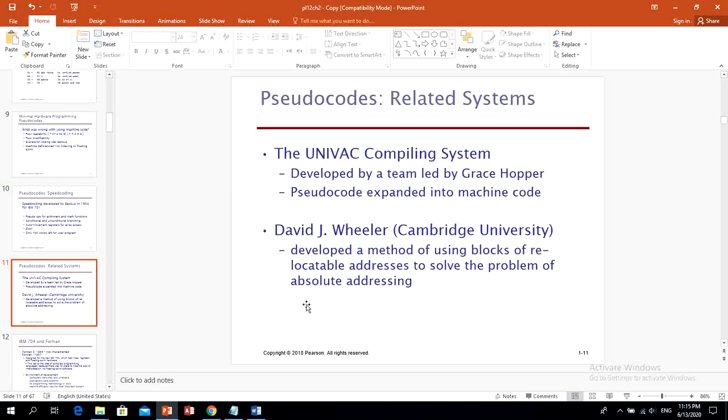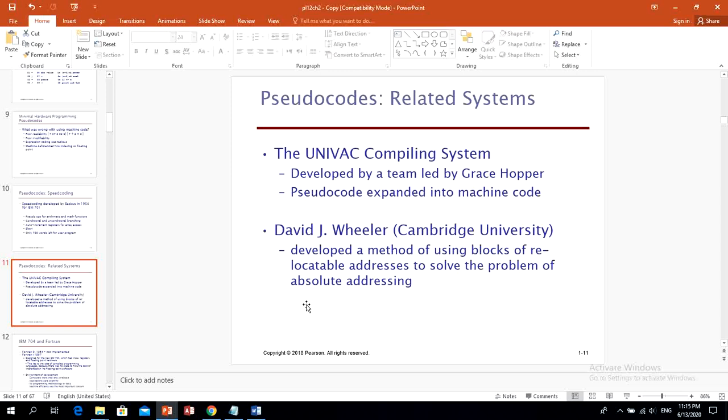Pseudocodes also have what we call related systems, like the UNIVAC compiling system, which was developed by a team led by a lady. Her name is Grace Hopper.